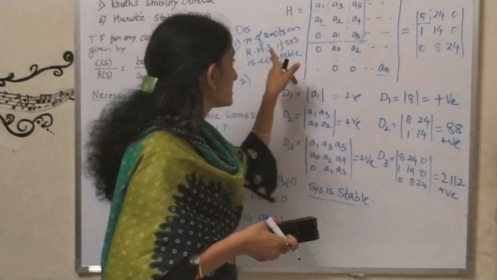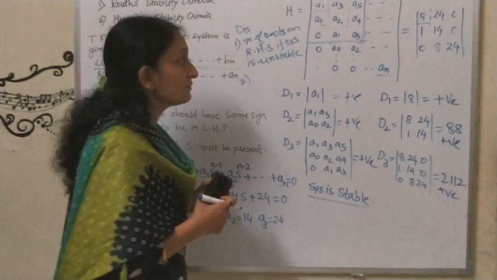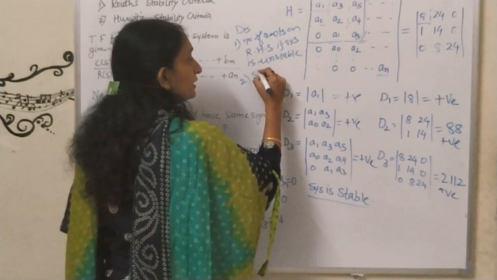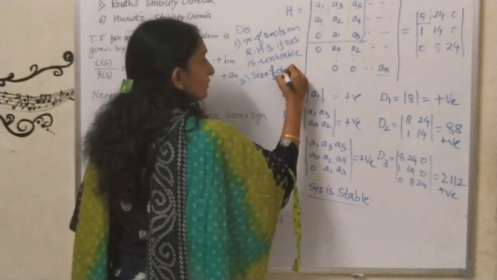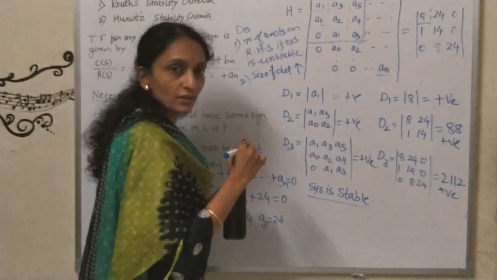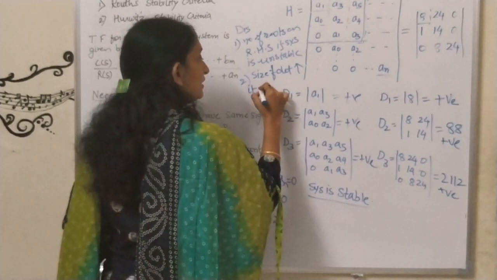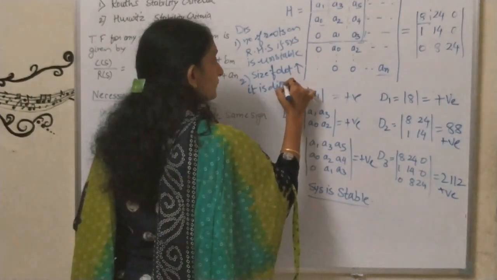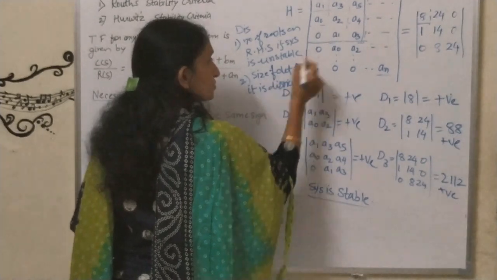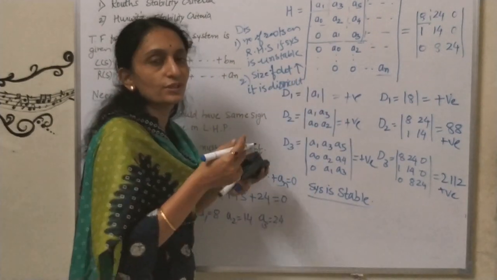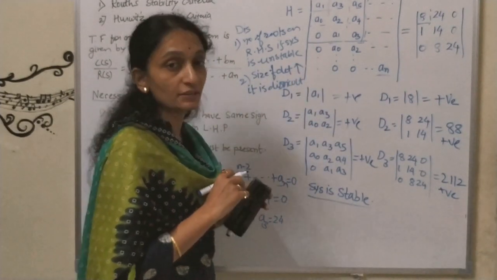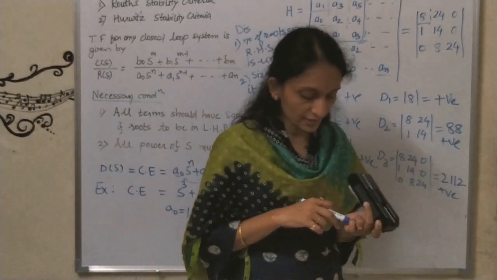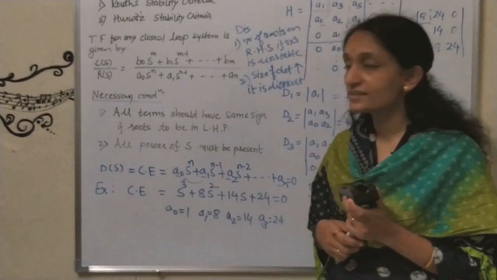So the disadvantage of Hurwitz criteria is that if the size of the determinant increases, it is difficult to solve this determinant, so it will be difficult to comment on the stability. Okay, so these are the disadvantages of Hurwitz criteria.